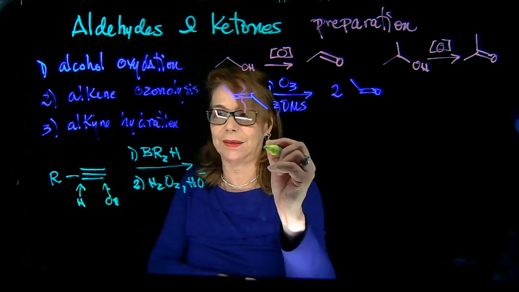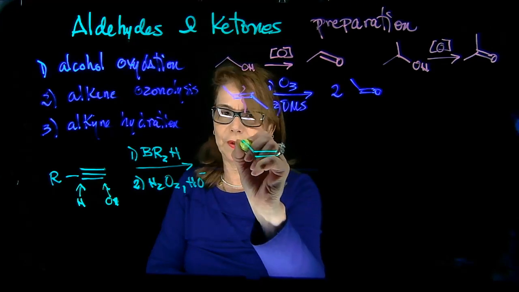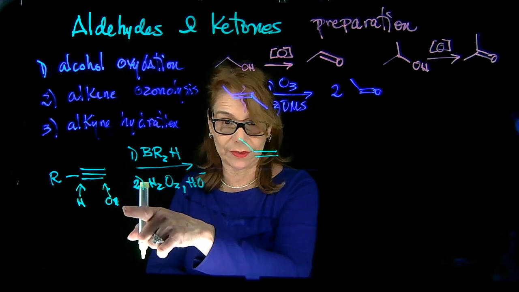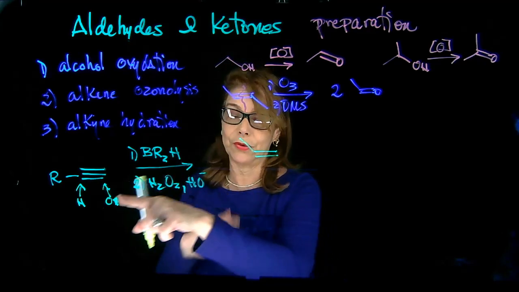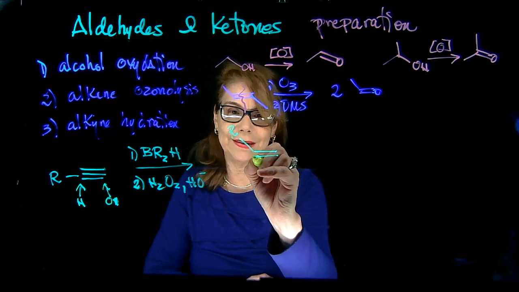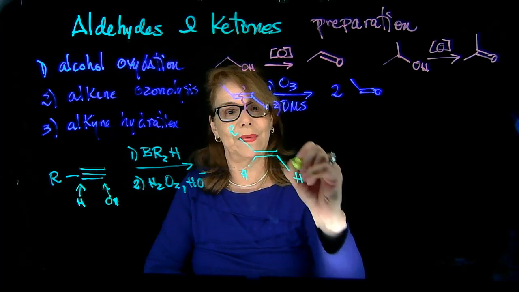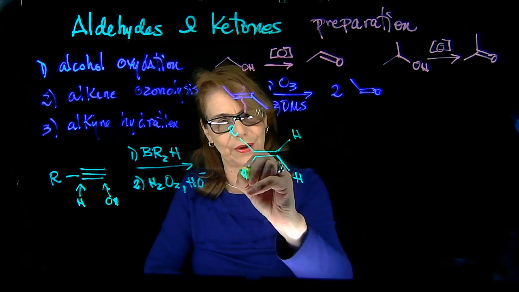With that in mind, let's draw the product. Now that I added that across the triple bond, I'm going to have a double bond here. So R, and I'm going to get here H, and now here OH. And I'm going to draw the hydrogen so that we keep track.